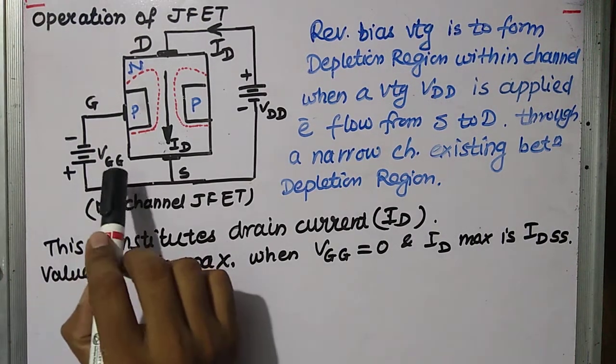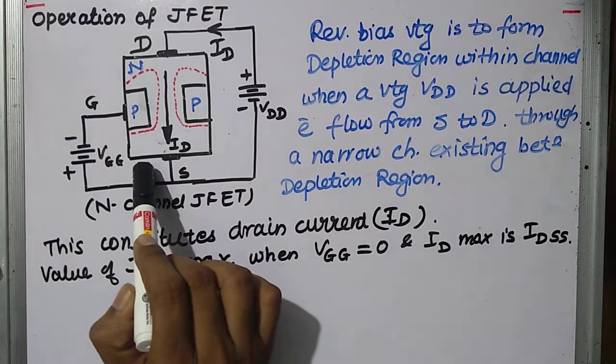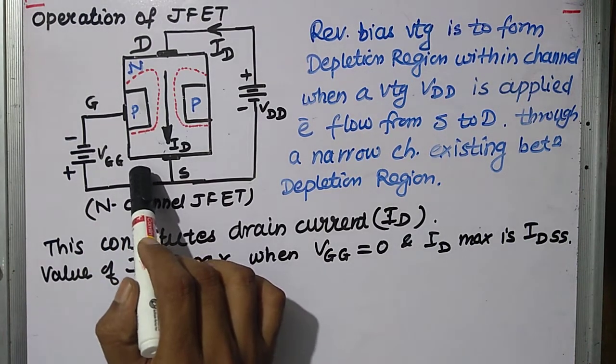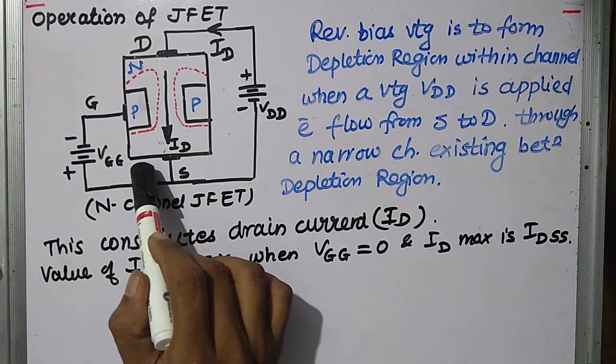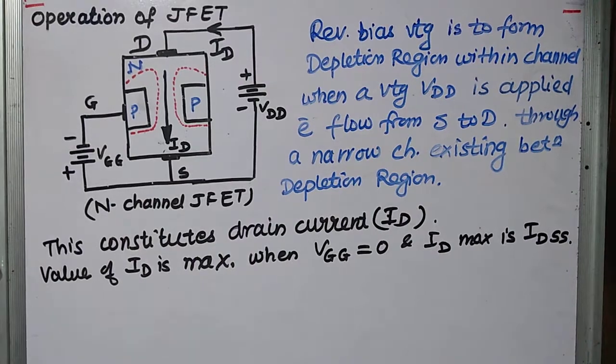Now, when we are applying gate to source voltage designated by VGG and it is increased above 0, the reverse bias voltage across the gate to source junction is increased.